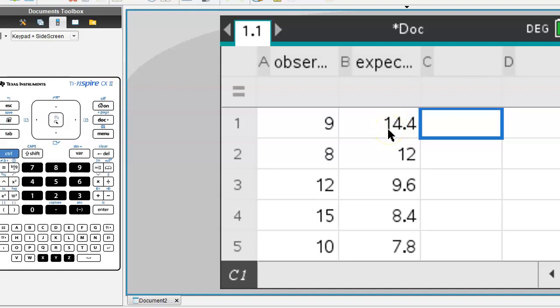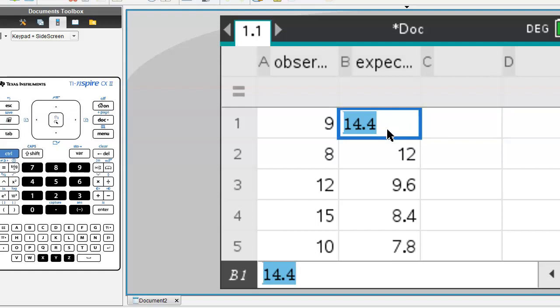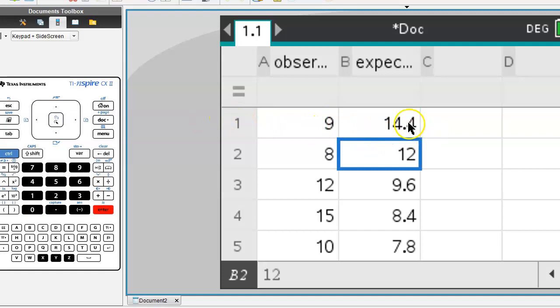For example, in the problem that we had, it said we were supposed to expect 0.24 to be the proportion of M&Ms that were blue, right? So 0.24 times the 60 M&Ms that we had would give us 14.4. Your calculator is smart enough to know this if you're using the TI.